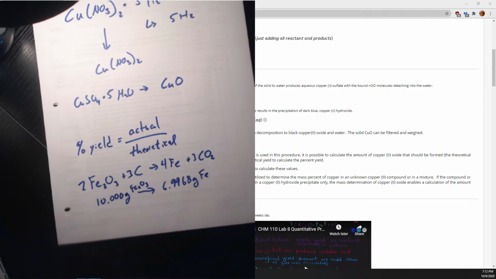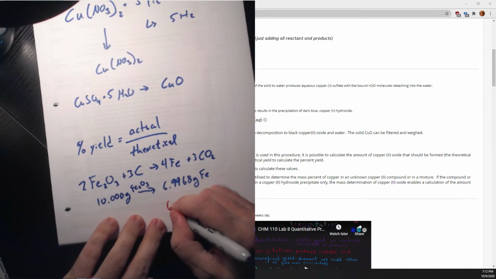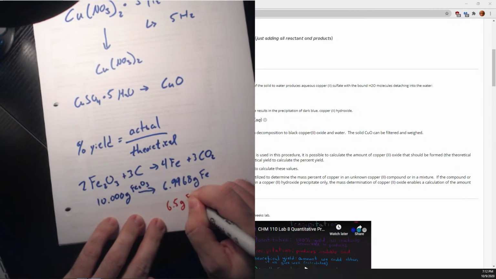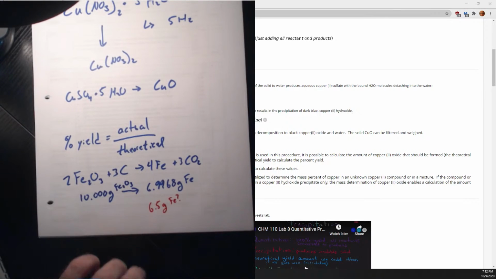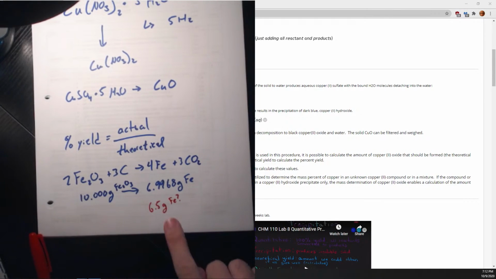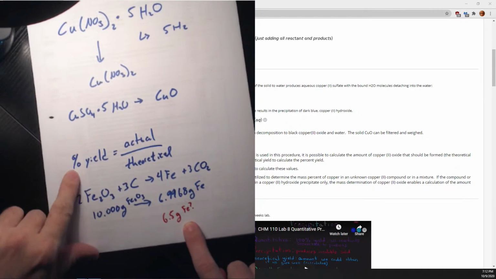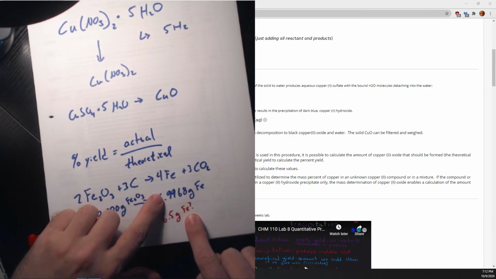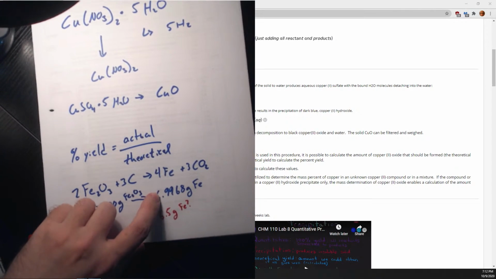What if instead you produced 6.5 grams? That would be your actual yield. Your percent yield would be the 6.5 grams divided by the 6.9968 grams.